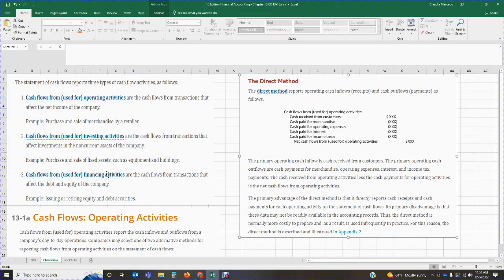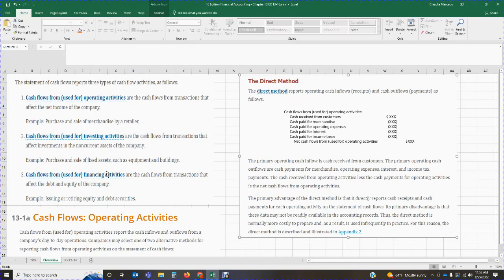We deduct cash paid for interest, and we deduct cash paid for income taxes to arrive at our net cash flows from operating activities. Now, the primary operating cash inflow is cash received from customers. Okay, the primary outflow is cash paid for merchandise, operating expense, interest, and income tax payments.